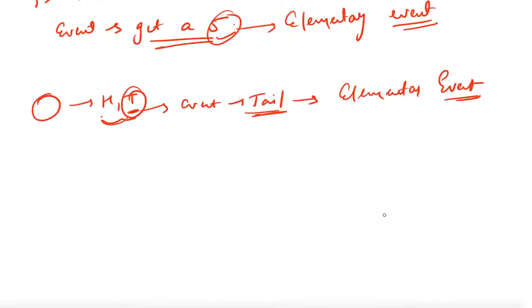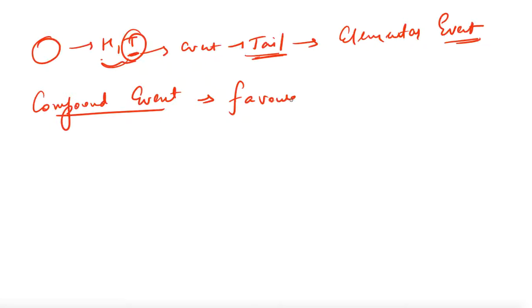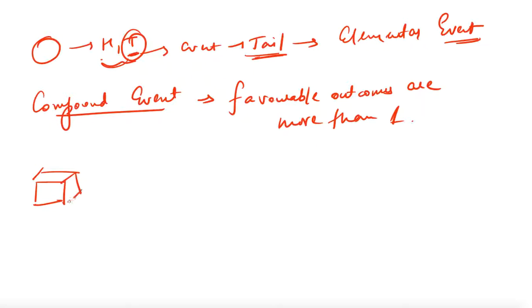Once you know what an elementary event is, the opposite of elementary event is known as compound event, in which favorable outcomes are more than one. For example, if I'm throwing a dice, the possible outcomes are 1, 2, 3, 4, 5, and 6.